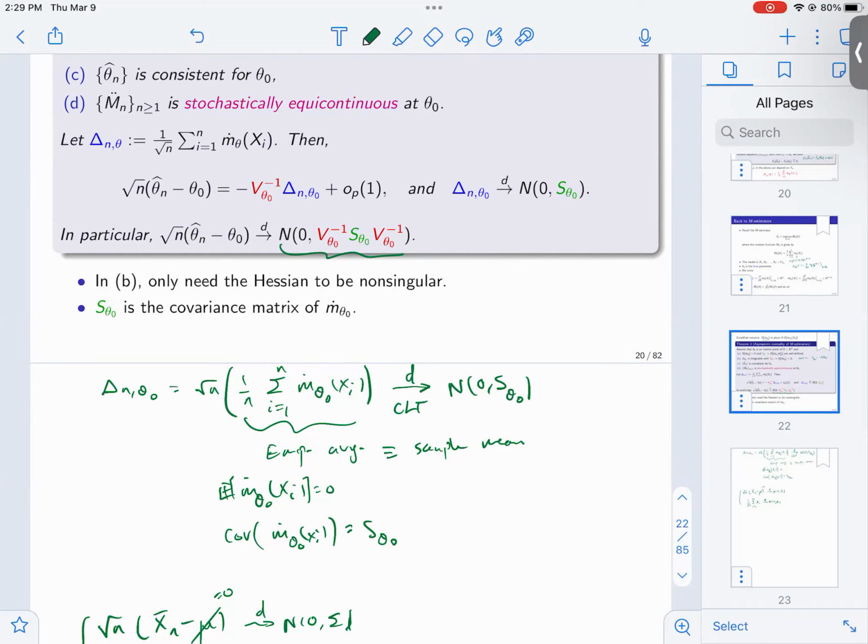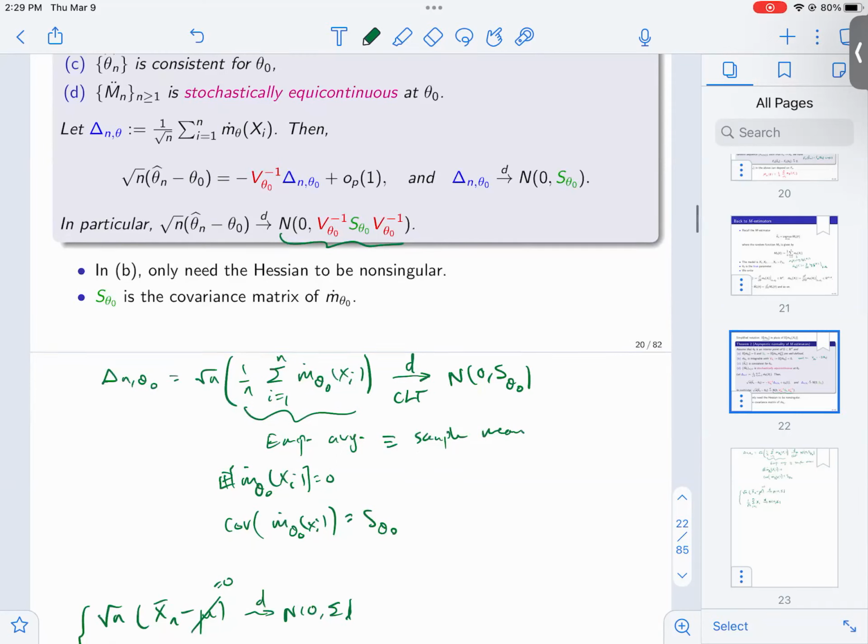Just apply the convergence in distribution, and you multiply by a constant, so it's still converging in distribution, with the variance transformed by the constant. Good.